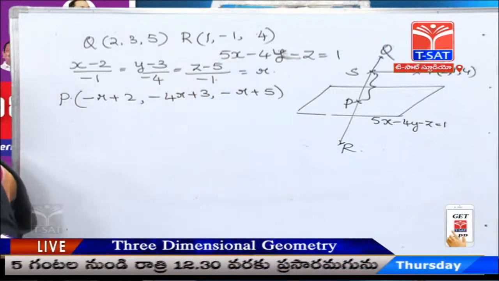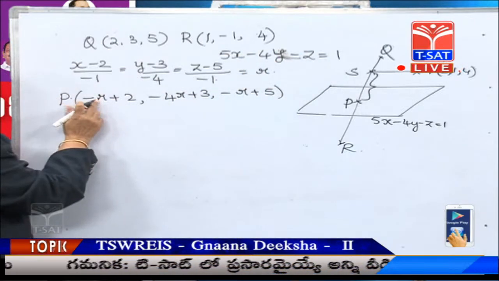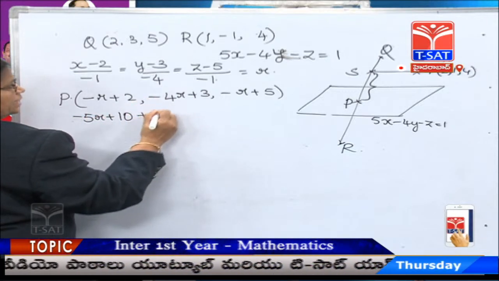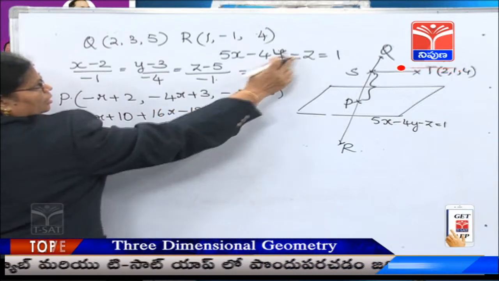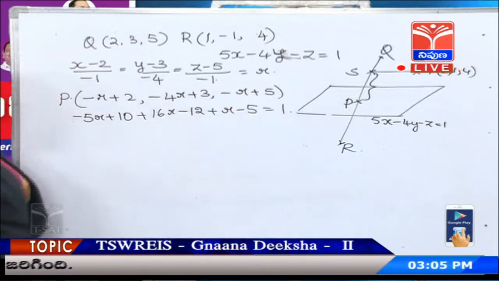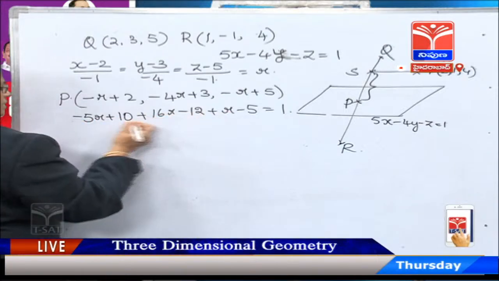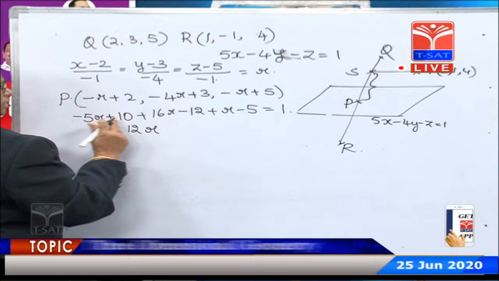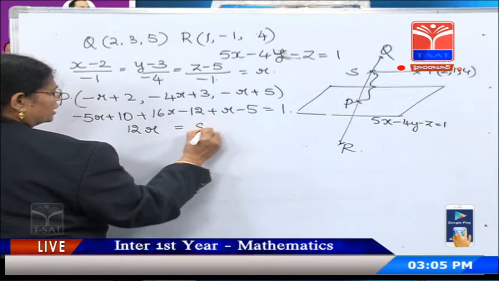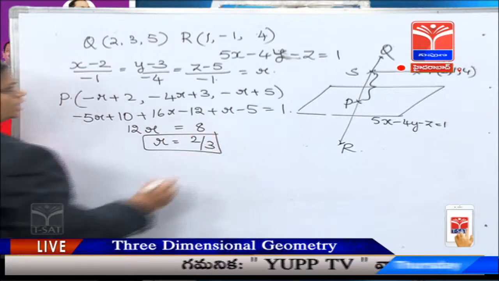So, substitute in the plane equation 5x minus 4y minus z equal to 1: 5 into (minus r plus 2) gives minus 5r plus 10, plus 16r minus 12, plus r minus 5 equal to 1. Simplifying, 12r minus 7 equal to 1, so 12r equal to 8, which is r equal to 2 by 3.